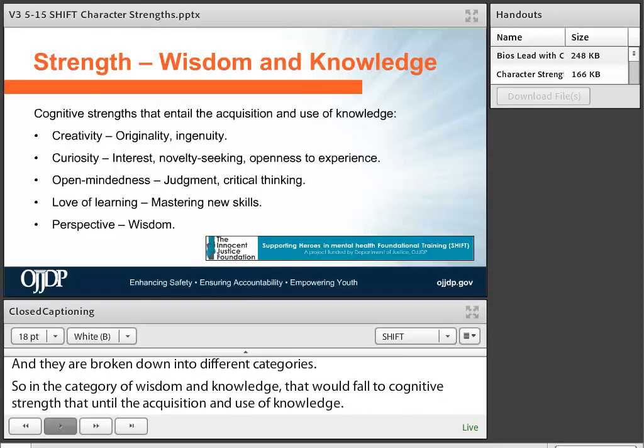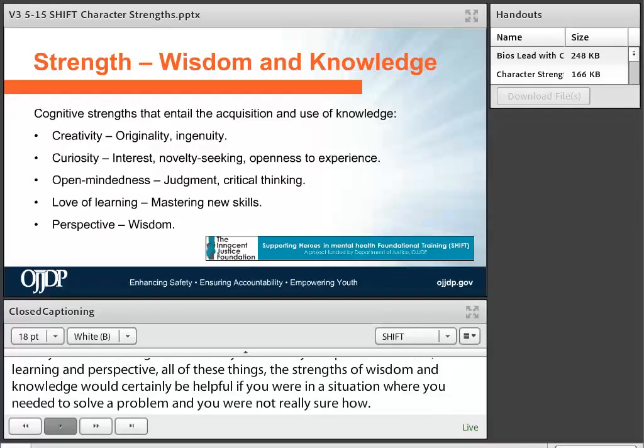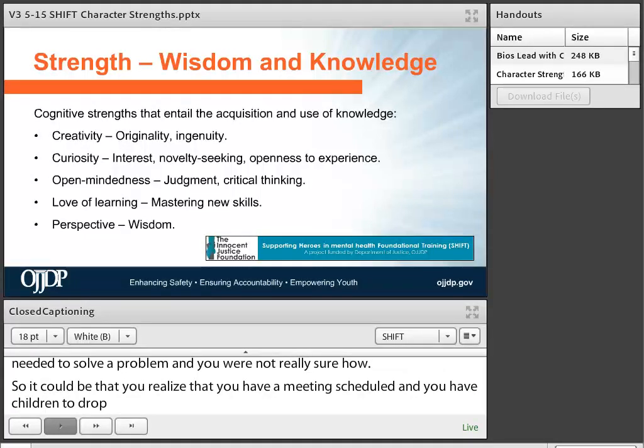All of these things, the strengths of wisdom and knowledge, would certainly be helpful if you were in a situation where you needed to solve a problem and you weren't really sure how. So it could be that you realize that you have a meeting scheduled and you have children to drop off at daycare, and you have an appointment with someone at the same time. You can use your strength of creativity, using originality and ingenuity, to figure out how you can solve that problem.